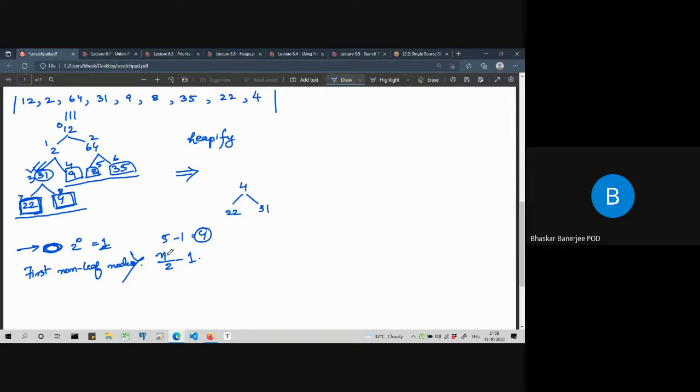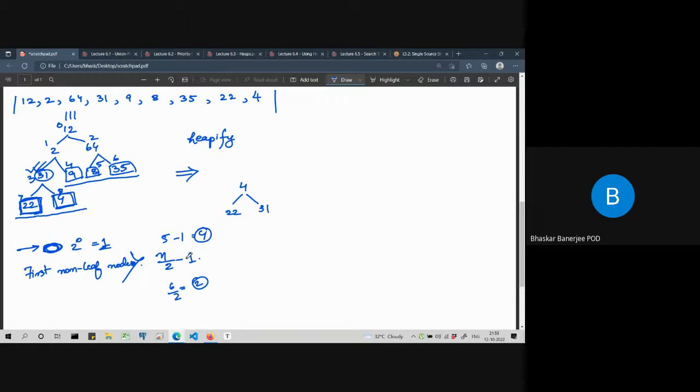9 by 2 is 4.5, taking the floor 4, minus 1, 3. But let's say I had 6 nodes. Then you could take the floor, right, sir? 6 by 2 would have been 3, minus 1, equal to 2. So with 6 nodes, that is indices up to 5, then 0, 1, 2. Great, so this works.